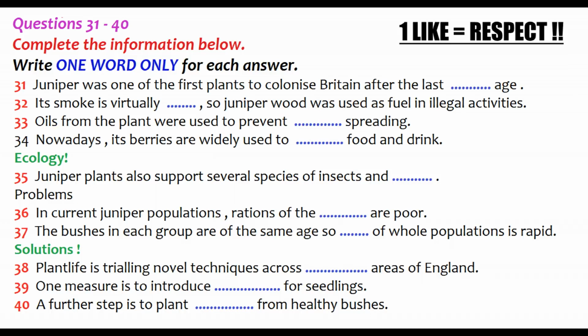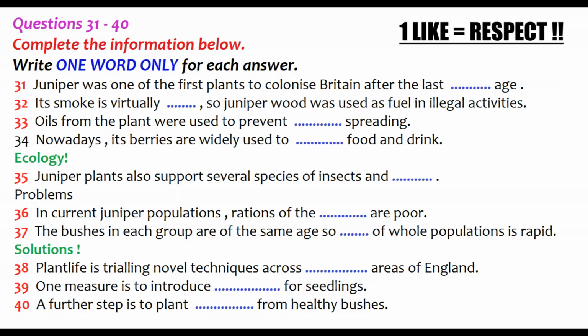Also, the survey found that in a lot of these populations, the plants are the same age, so this means that bushes grow old and start to die at similar times, leading to swift extinction of whole populations. Now, the charity Plant Life is trying to do something to halt the decline in juniper species.